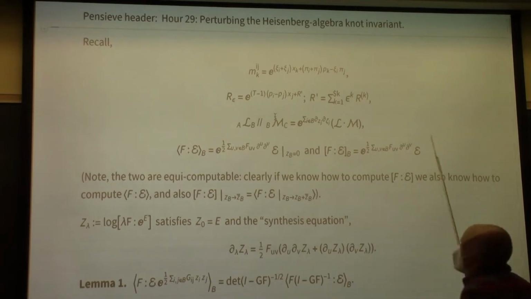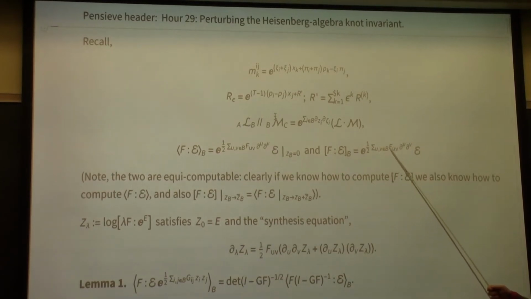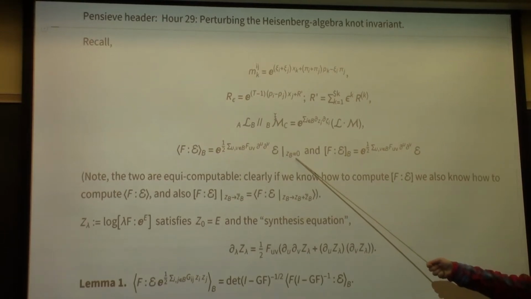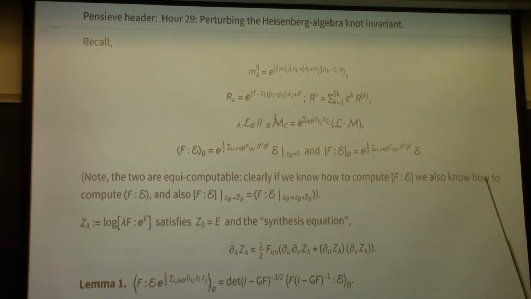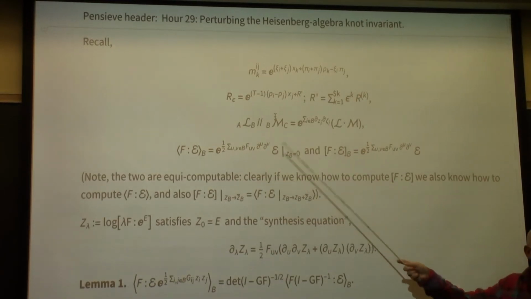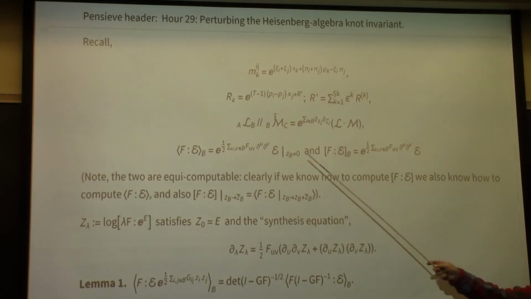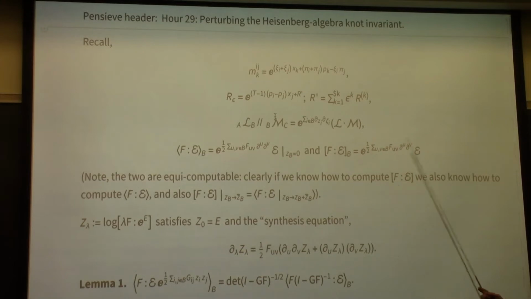And then, similarly, bracket f colon e is the same, but without substituting z to 0. And here is a note I didn't make before. These two definitions are essentially interchangeable. So if you know how to compute one, you know how to compute the other, and vice versa. So if I give you techniques to compute one, I also gave you techniques to compute the other.